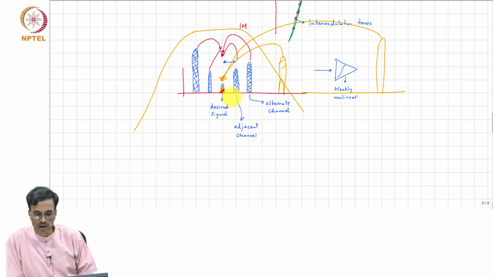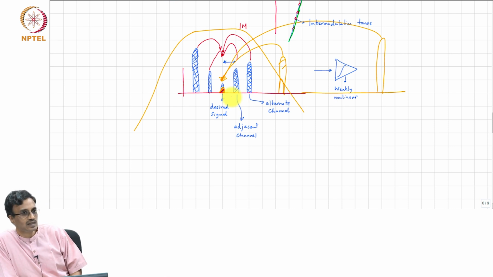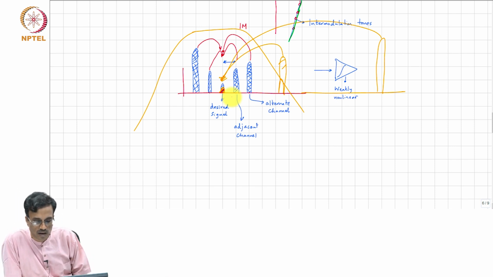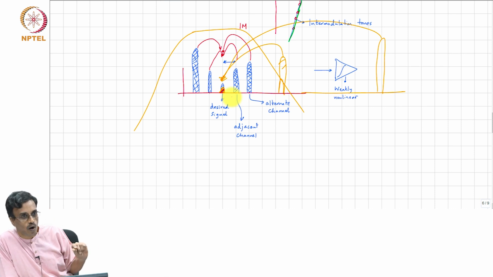So the amplifiers and the signal chain have to be linear enough to process such signals without causing intermodulation distortion large enough to corrupt your signal completely, right. The point is that the desired signal is very, very small, and the undesired signals can be several orders of magnitude larger.